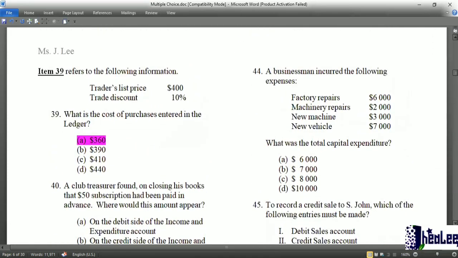Moving into question 44. A businessman incurred the following expenses: factory repairs, machinery repairs, new machine, new vehicle. And you're asked what was the total capital expenditure. So remember, there are two types of expenditure. We have revenue expenditure and capital expenditure.